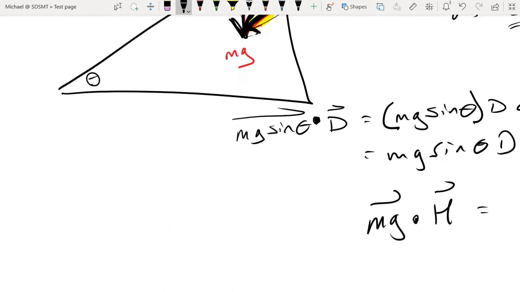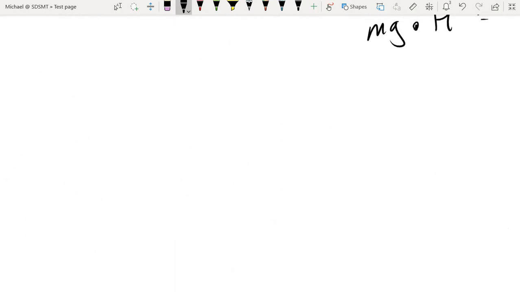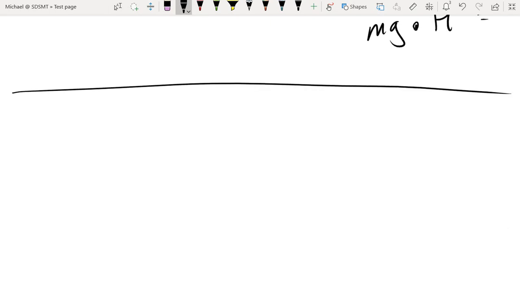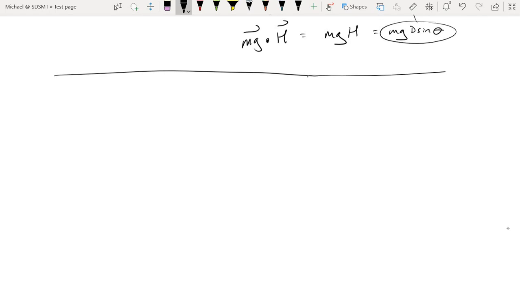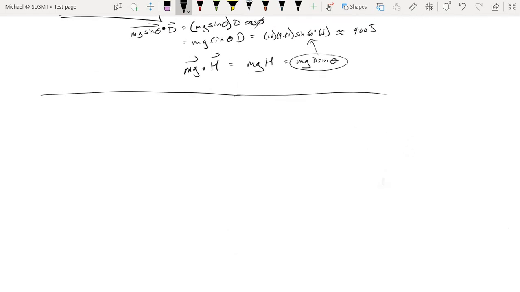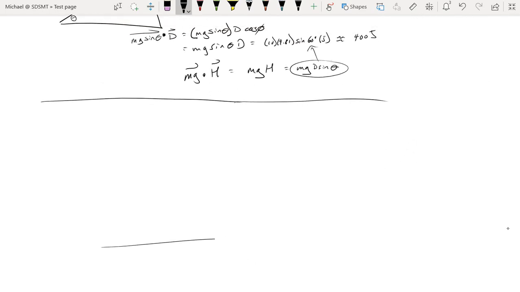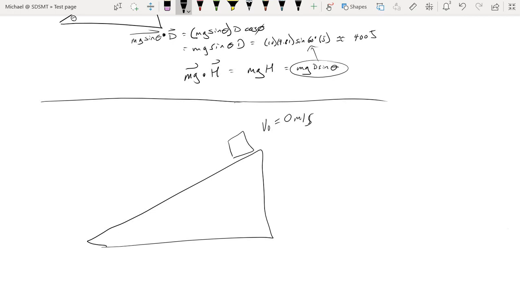So the other problem that I wanted to consider, let's take another inclined plane. We will start our mass at the top from rest. We will assume that it overcomes the maximum static friction.